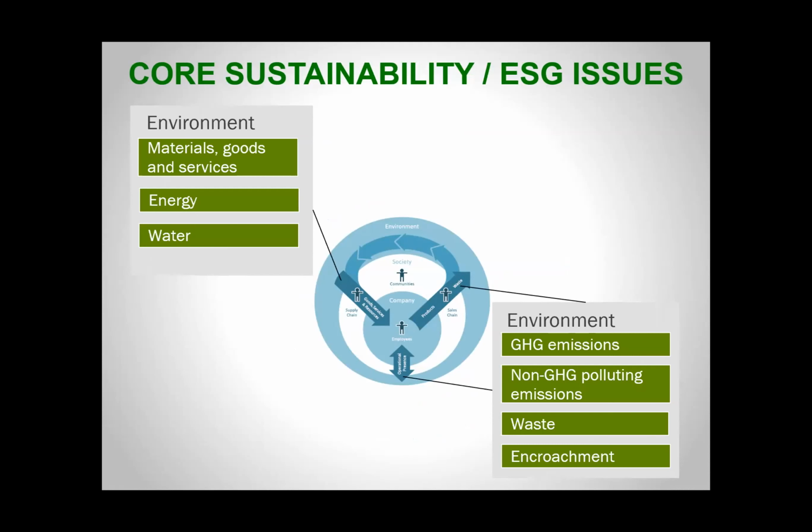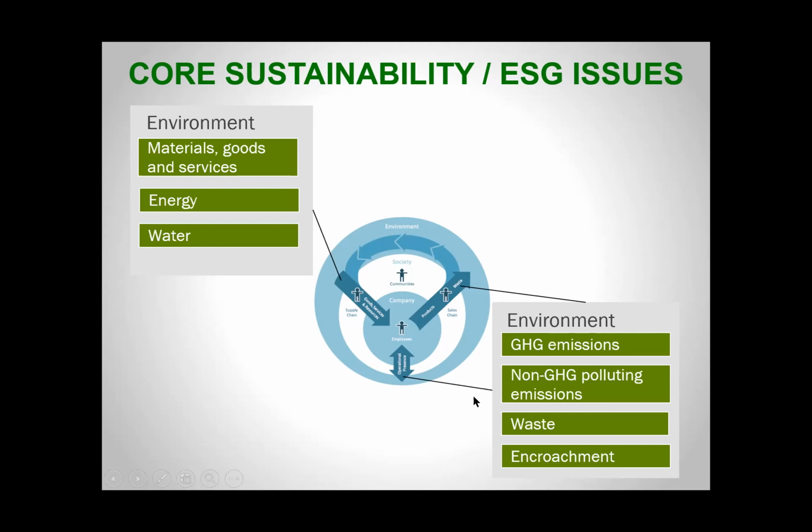The environmental ones are shown here. On the input side, the environment is going to be impacted as the company extracts these materials and goods and services directly or indirectly from the environment and the energy and water that it's using.